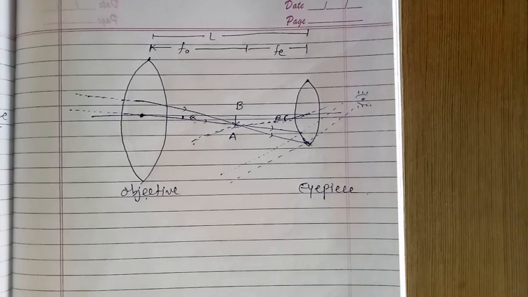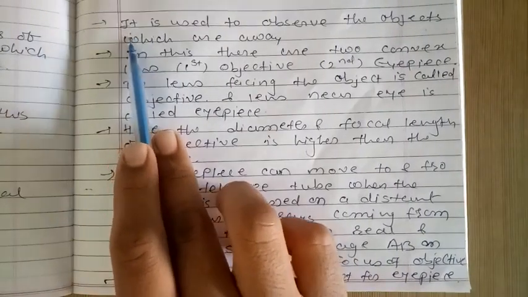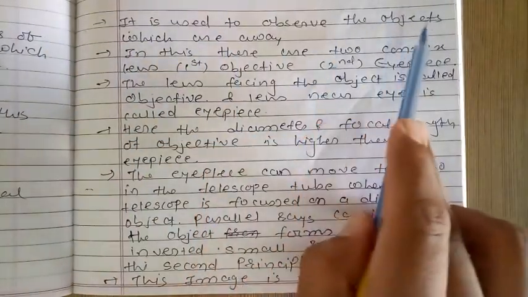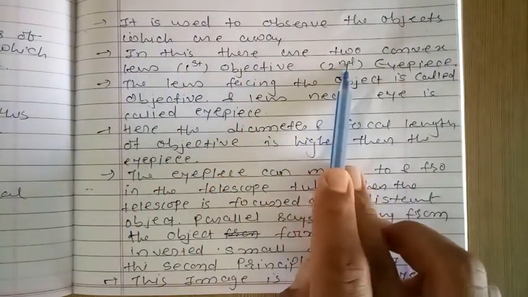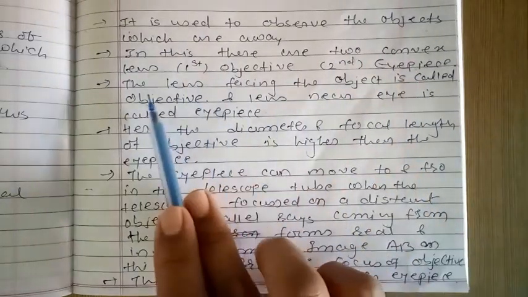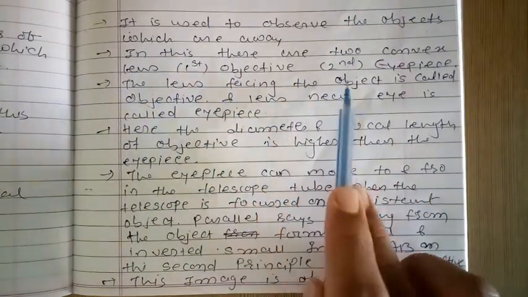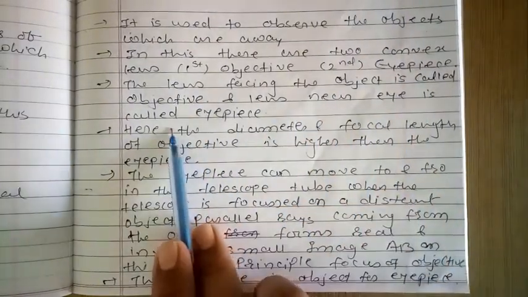Here we write some sentences. We know that it is used to observe the objects which are away. In this there are two convex lens, first objective and second eyepiece. The lens facing the object is called objective and the lens near the eye is called eyepiece.